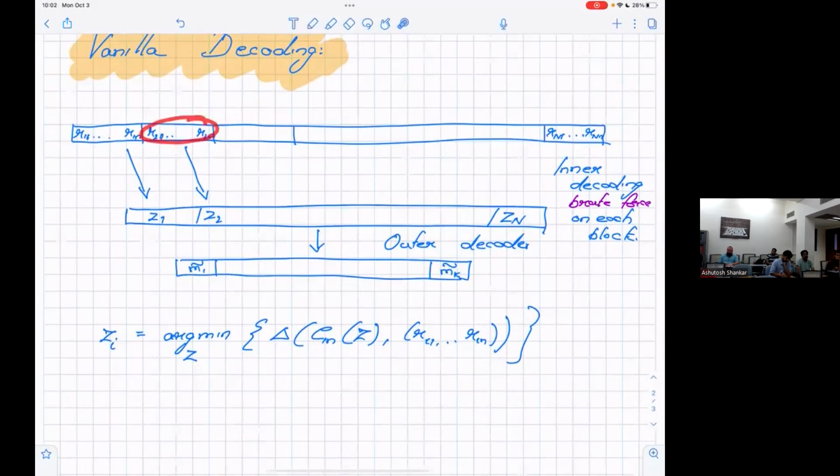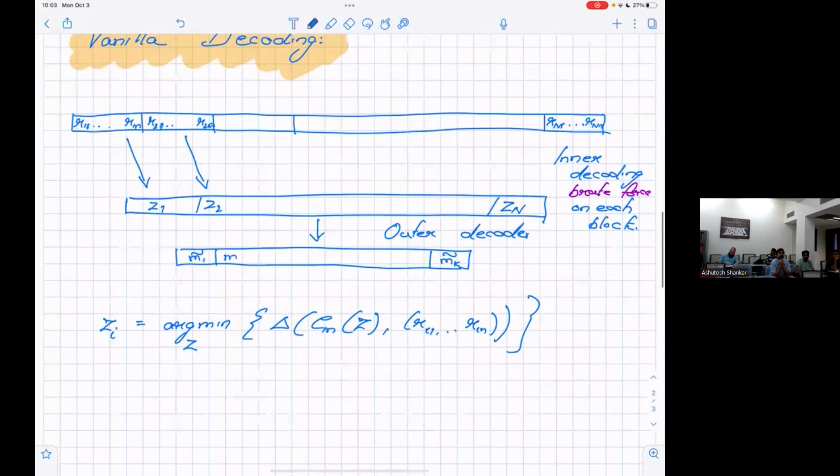I'm taking each inner block separately, applying inner decoding to get a Zi such that the encoding of that Zi is as close as possible to Ri1 through Rin. You could do this with an inner decoder or just brute force, because the inner code is small enough that you can afford it. Once we're done with this, you have a potential message, and you apply outer decoding to get M1 tilde, M2 tilde, all the way up to MK tilde.